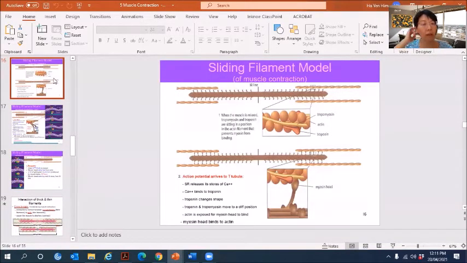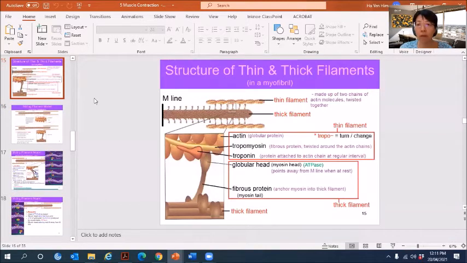Okay. So we know that when the muscle is at rest, the muscle is made of thick filament and thin filament. So go back and revise that your thin filament is made up of 3 components, which is actin, tropomyosin, and troponin. Actin is made up of globular protein that join up together to become an actin chain, like a pearl chain.